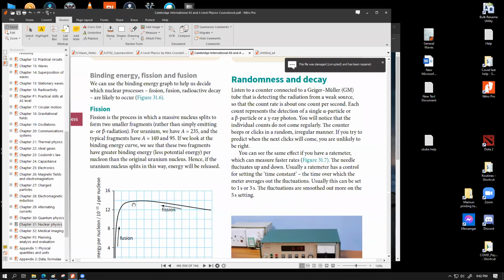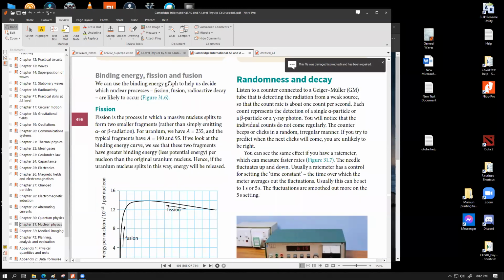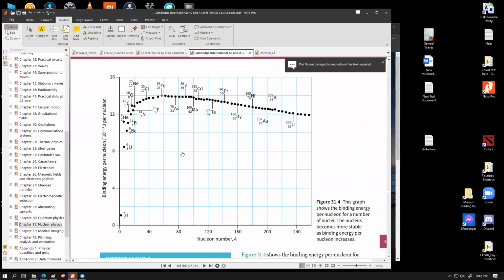And this also poses one more interesting, beautiful thing: for all the nuclei that have less binding energy per nucleon, they are essentially going to have less nuclear stability, which means they are more likely to break off if they are radioactive.